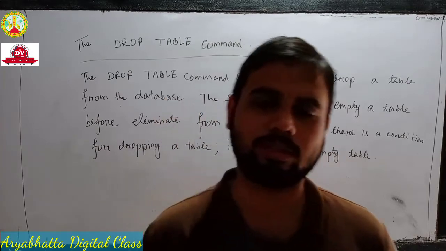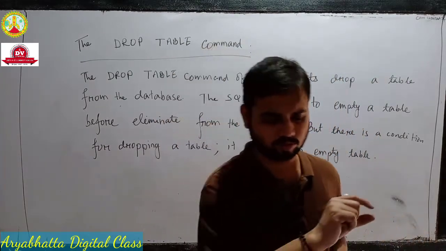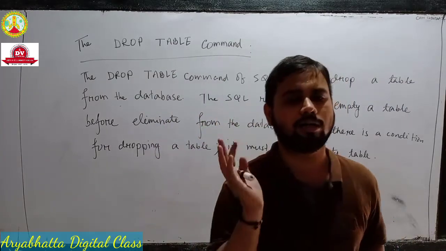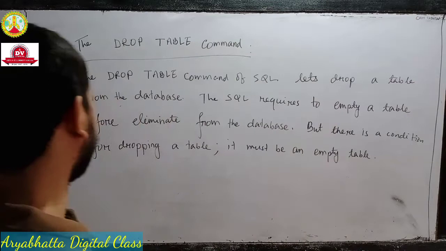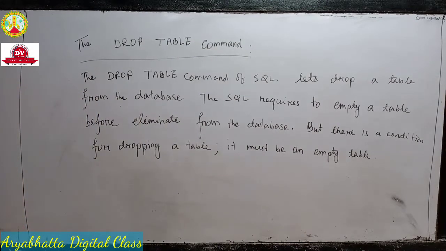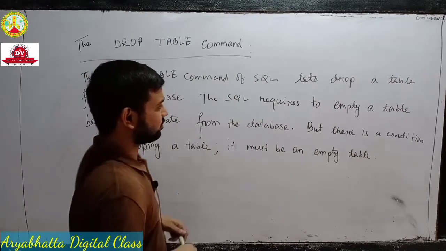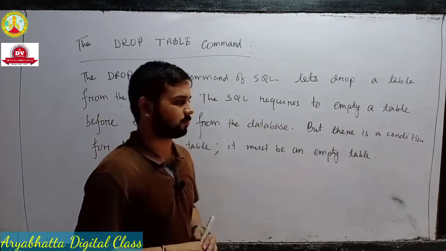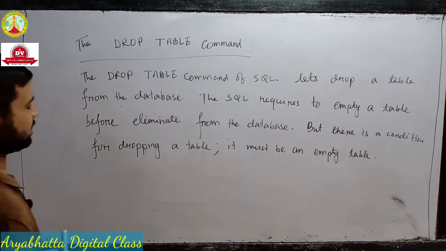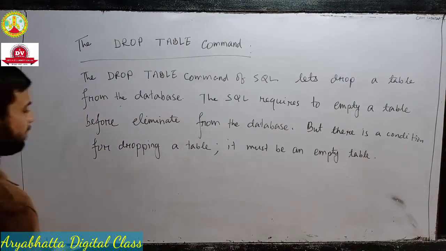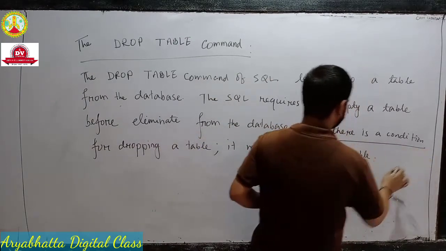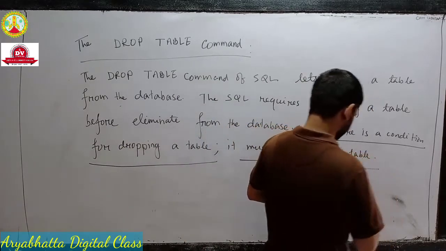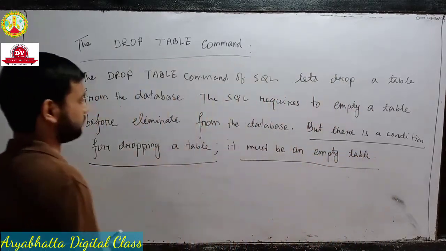First you delete all the attributes and rows, after that you delete the table. That is the concept. The drop table command of SQL lets you drop a table from the database. The SQL requires an empty table before eliminating it. First of all you have to empty the table. But there is a condition for dropping a table: it must be an empty table. That is the main condition.